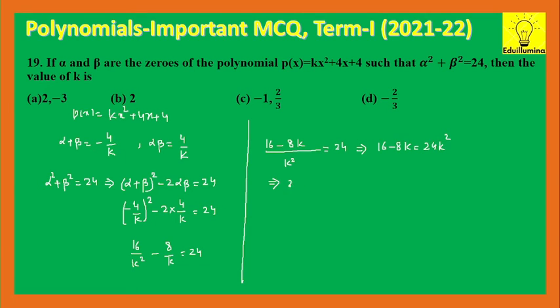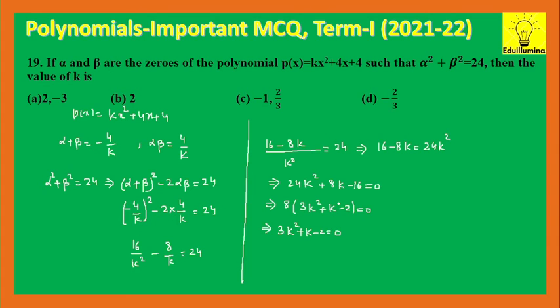So this implies 24 k square plus 8k minus 16 equals 0. So taking 8 as common, 3k square plus k minus 2 equal to 0. So from here, 3k square plus k minus 2 equal to 0.